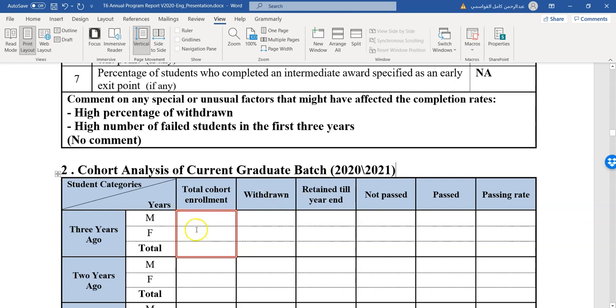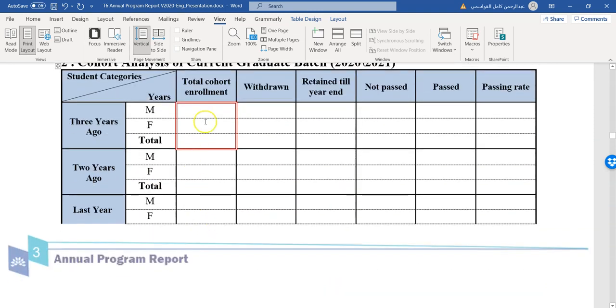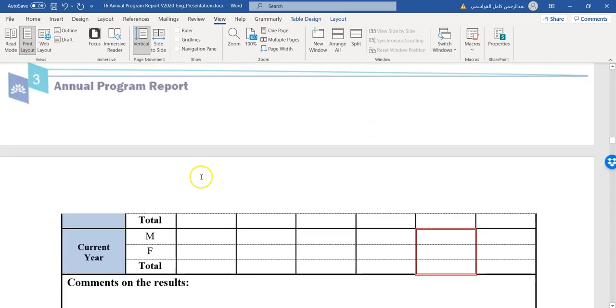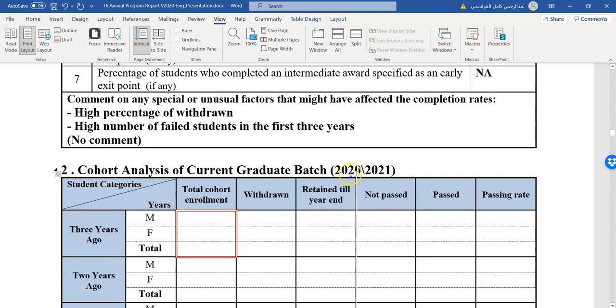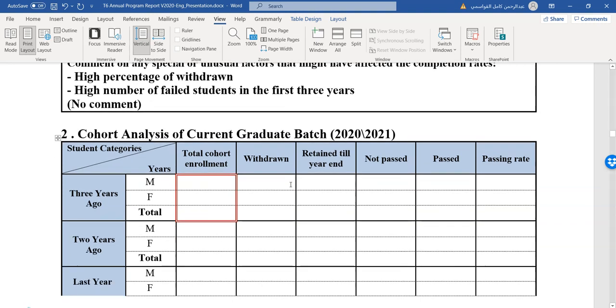For example, the total cohort enrollment 3 years ago, you see 1 year, 2 years, 3 years, and 4 years program. For us, it is a 4-year program without considering the preparatory year, which means the students that entered my program, for example, electrical engineering or civil engineering or mechanical engineering.